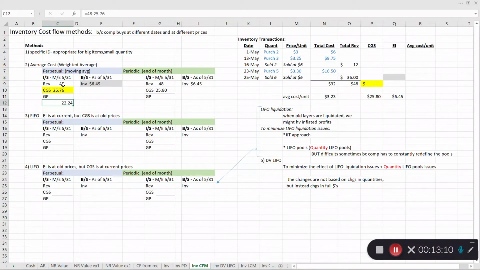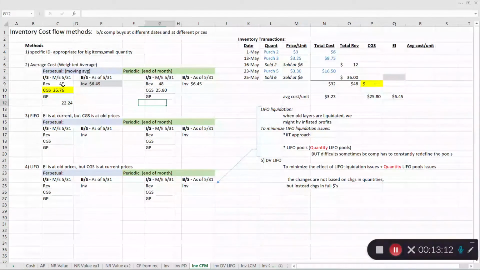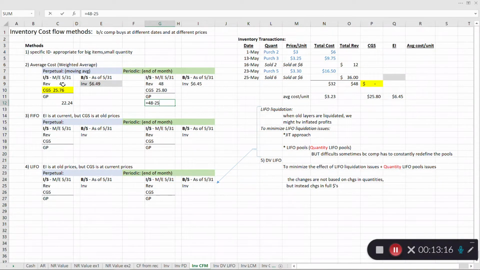This will give us a gross profit of $22.24, whereas here we're going to have a gross profit that is $22.20. Okay, now this is a small amount, these are pennies that we're talking about, but nevertheless the approach you take can have an influence on your profitability, can have an influence on the balance sheet item inventory as well, right? Okay, moving on to the next item.